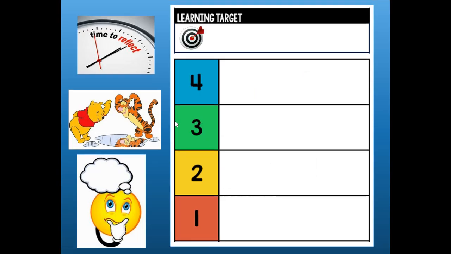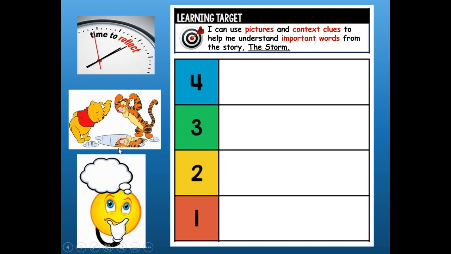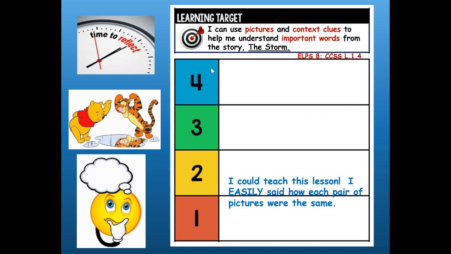And let's review on the top of our paper. It's time to reflect, just like Winnie the Pooh and Tigger are looking at their reflection in the water. They're thinking about their learning. What was our learning target? Our learning target: I can use pictures and context clues to help me understand important words from the story, The Storm. So would you give yourself a 4?